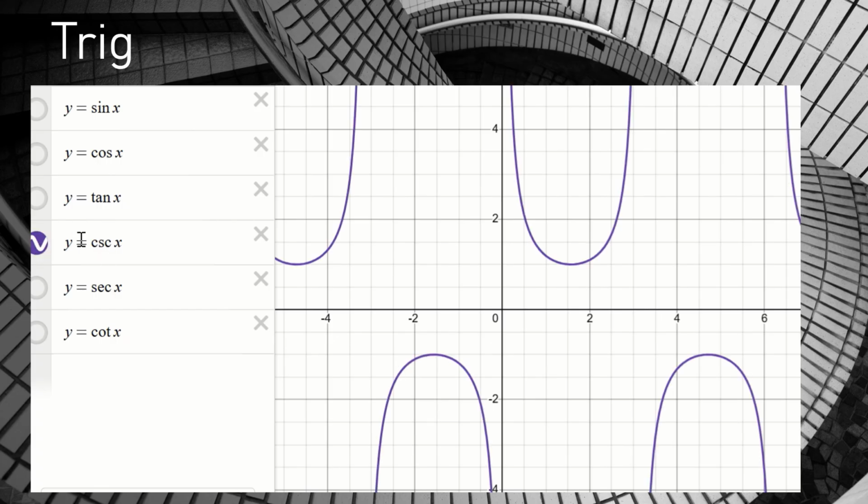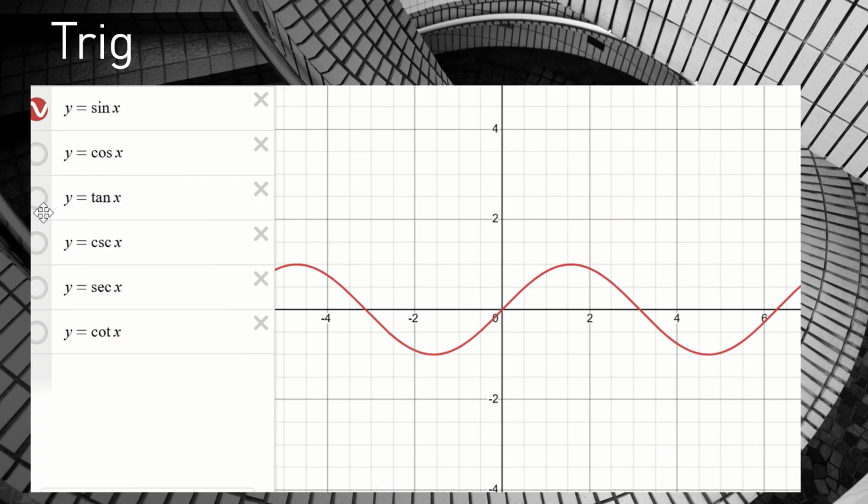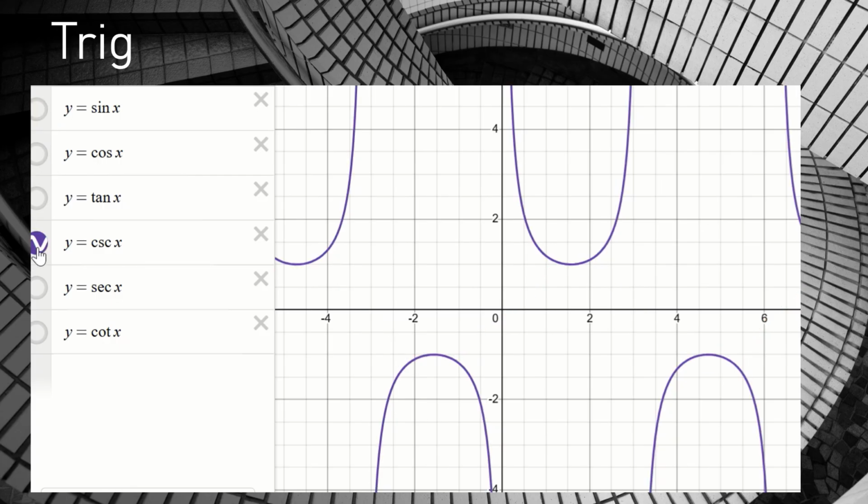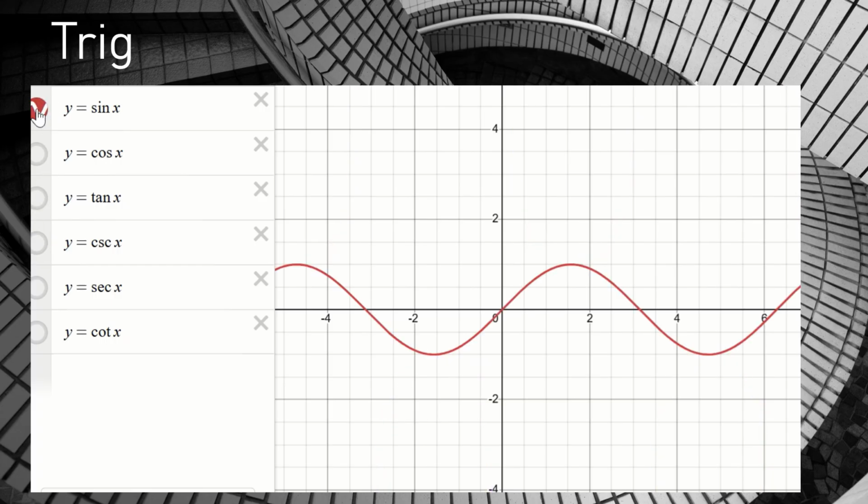All right, here's your cosecant, but I want you to compare this one to its reciprocal, which is sine. So there's your sine graph. Notice how wherever there's a crest or a trough, then these two will meet. The range of sine is -1 to 1, which means that you can identify these. That's 1, there's -1, there's a -1, there's a 1. So if you were trying to draw the cosecant, what I would do first is sketch out where the sine is.